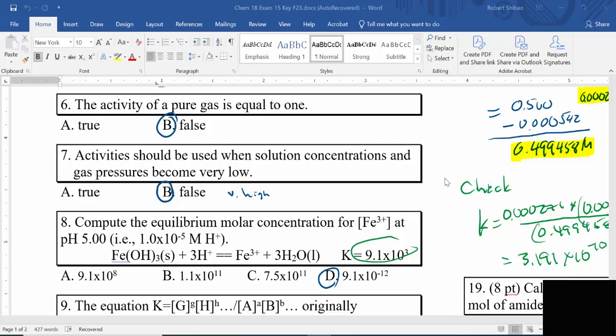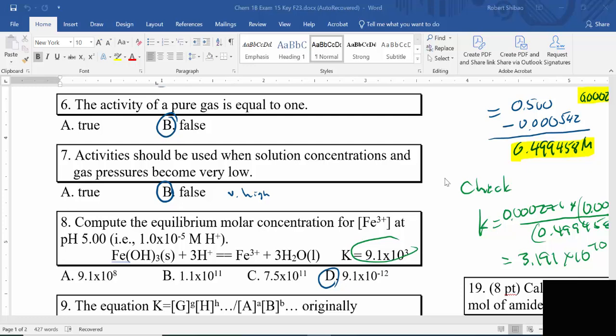Because at high concentrations, we're going to deviate from the stoichiometric concentration. The activities will deviate significantly from the stoichiometric concentrations. And so this is why when we look at all these calculations, the molarities are always kind of small. We'll look at it later.